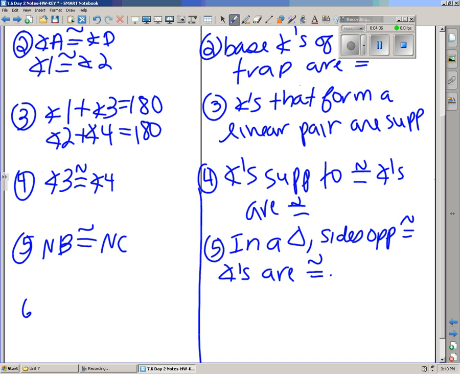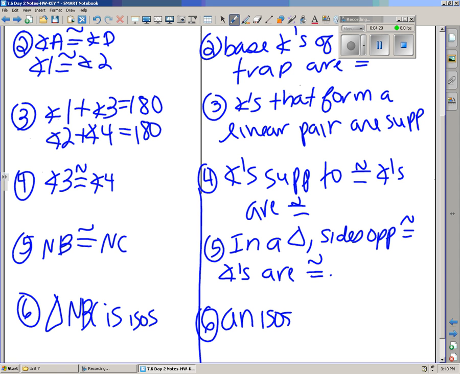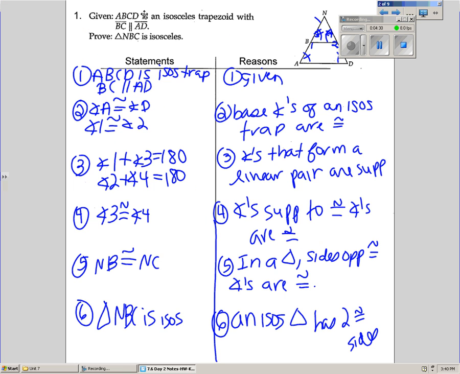And then we can say 6, triangle NBC is isosceles because by definition, an isosceles triangle has 2 congruent sides. This is not the only way to do this proof. This is one way to do it, and hopefully that makes sense.